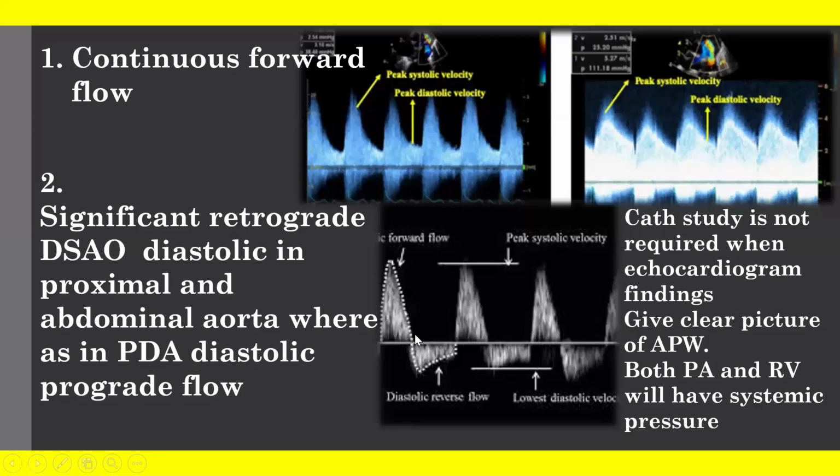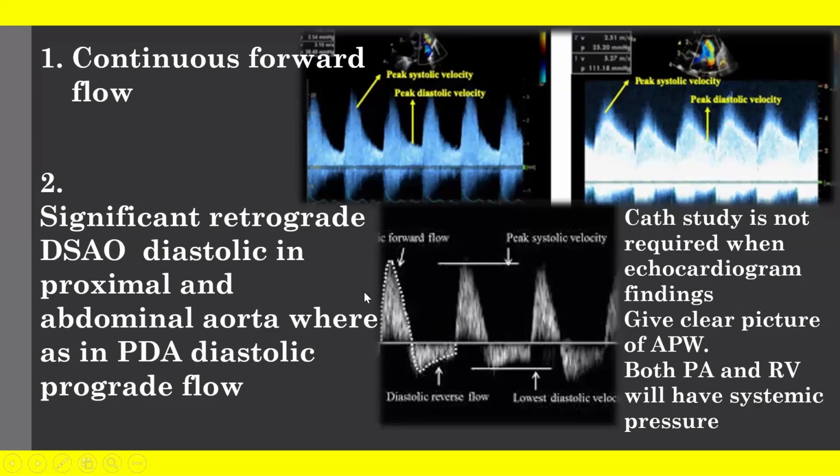In coarctation of the aorta, this diastolic flow will come between the systolic when you put the cursor in the abdominal aorta. Whereas here, in PDA the diastolic flow will be prograde flow, not reverse flow. So in such an occasion, catheterization is not required when the echocardiogram findings give a clear picture of an aortopulmonary window. Both pulmonary artery and right ventricle will have systemic pressure.